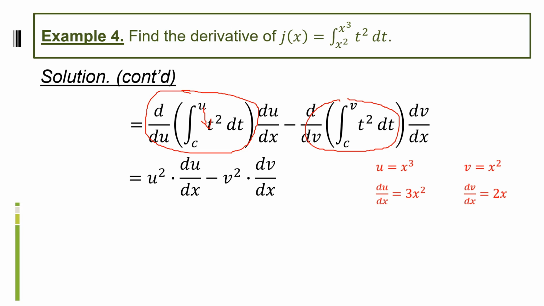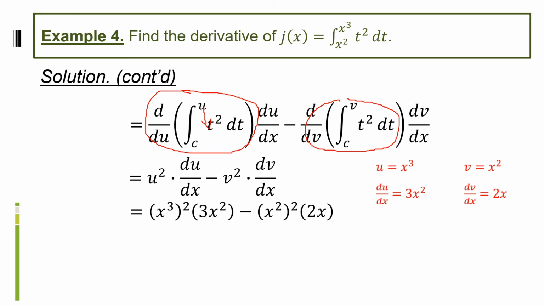But we know that u is equal to x cubed, v is equal to x squared, du over dx is 3x squared, and dv over dx is 2x. So by substituting those values, we have x cubed squared times 3x squared minus x squared squared times 2x.